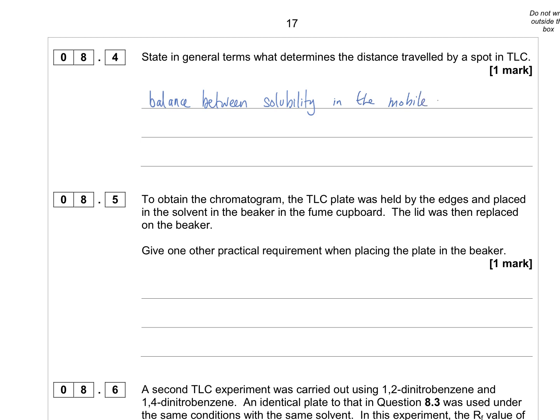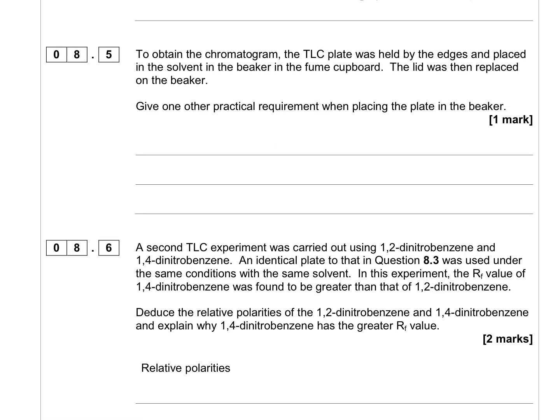So it's a balance between how soluble the substance is in the mobile phase, which is the solvent, compared to how much affinity it has, or how much retention it has to the solid stationary phase, so the plate. And it really is a balance between the two. So if something's more soluble, it's going to move further. If something is more stuck to the solid plate, the stationary phase, then it will not move very far.